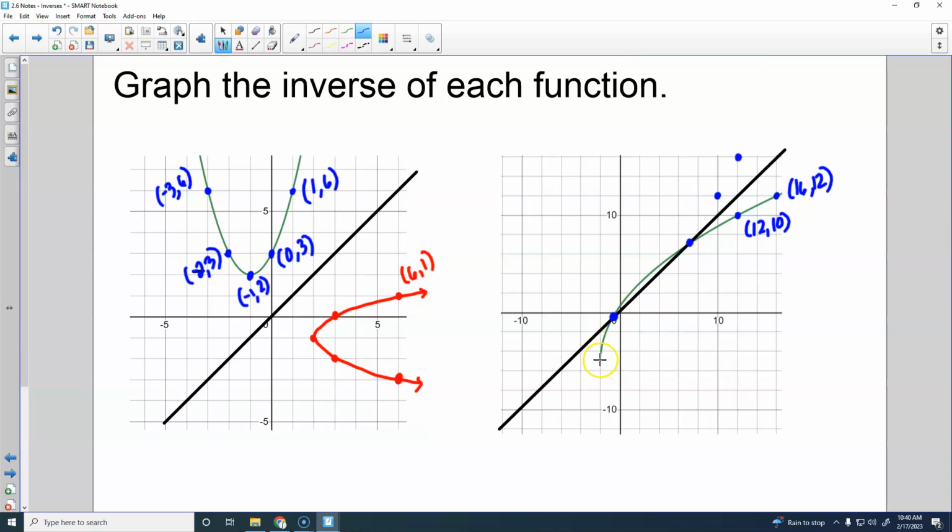Then this end point is probably at -2, -5. So that would be -5, -2, which is right here. If we draw that in there, this blue graph right here would be our graph of our inverse.